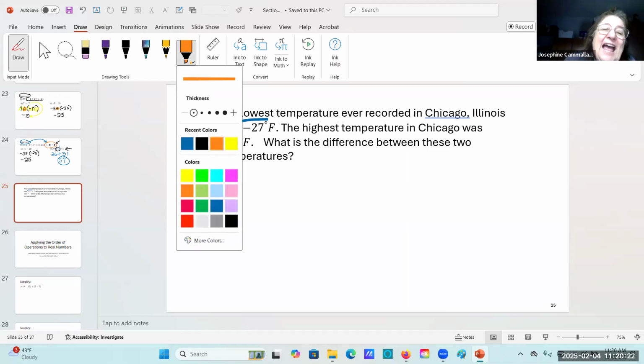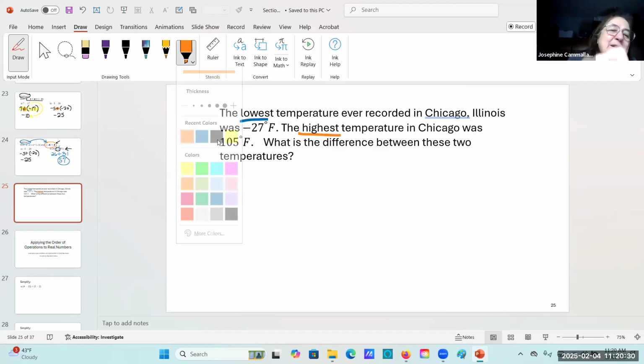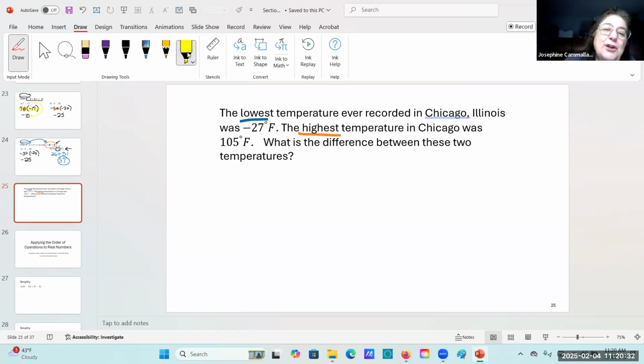The highest temperature in Chicago was 105. Now, this is the part that people don't understand. What is the difference between the two temperatures?